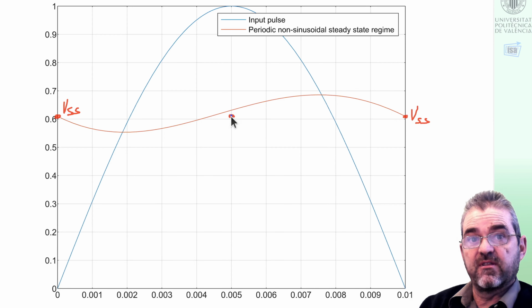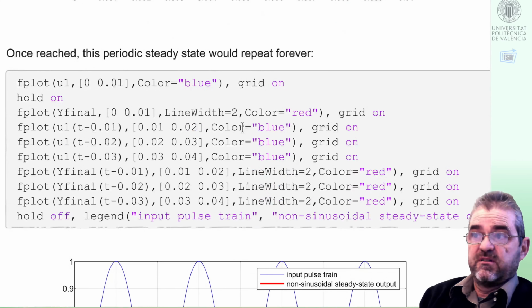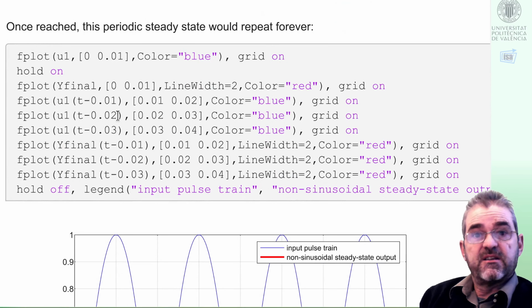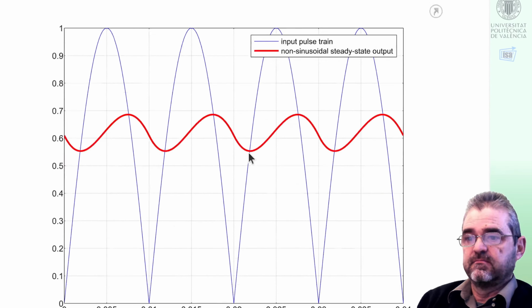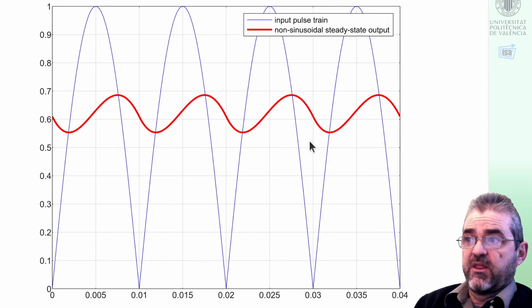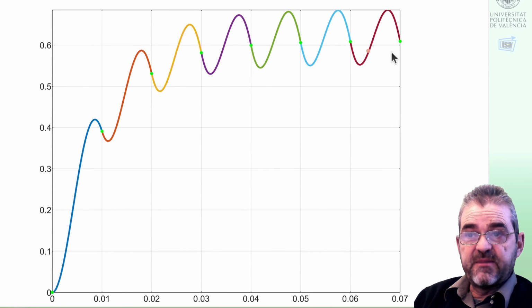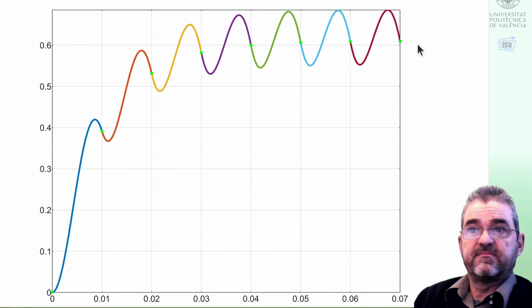This is a non-sinusoidal steady-state regime. And of course, if we stitch several fragments of it with suitable delay, we can plot this input pulse train and this steady-state solution that would last forever. And it will be the limit to this first solution, and okay, we are almost there. I mean, a couple more fragments and we would have reached steady state.